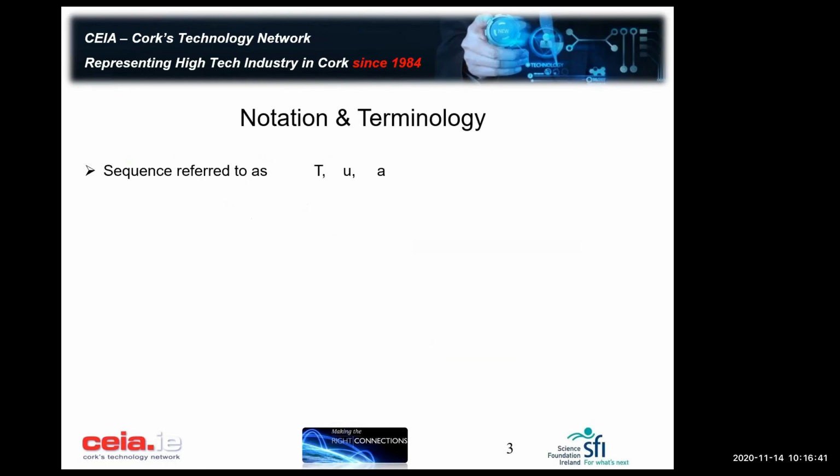So the typical notation is a sequence can be referred to as T, U, or A. For instance, you can have T1, T2, T3, T4, and T5, U1, U2, U3, or A1, A2, A3, A4. Now, we will find later on, for those of you who have covered the topic already, that A is also known as the first term.